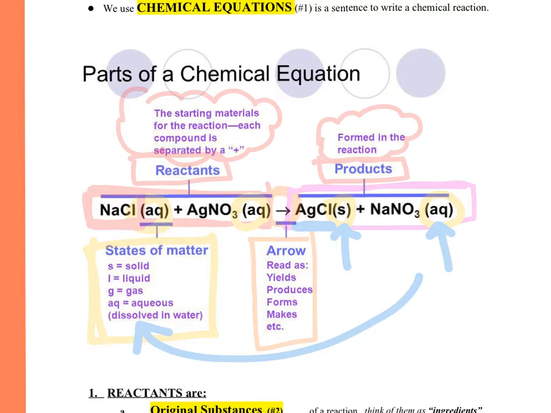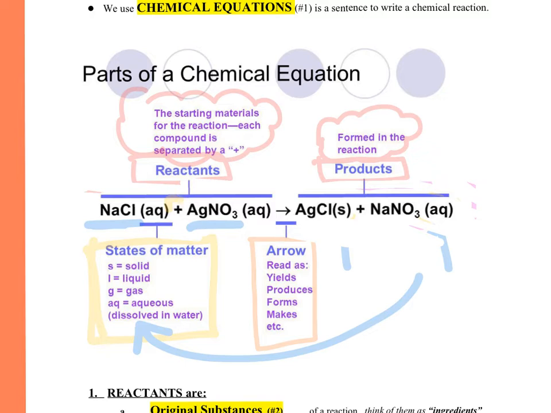Now you see plus signs. The plus sign means that it is not one large compound. It's 2 different compounds. Okay? So, let me clean this up a little bit for you. NaCl is 1 compound, and then AgNO3 is a new compound.